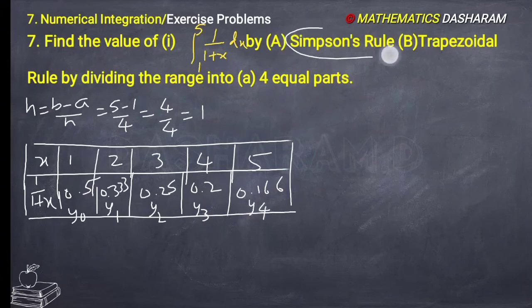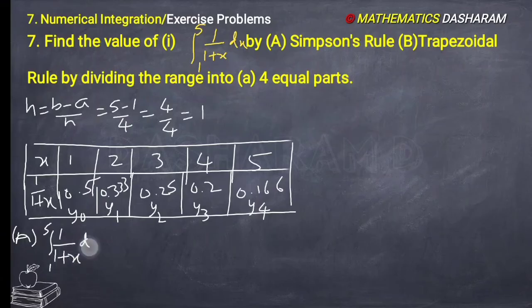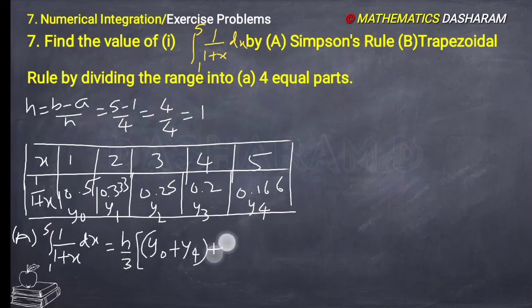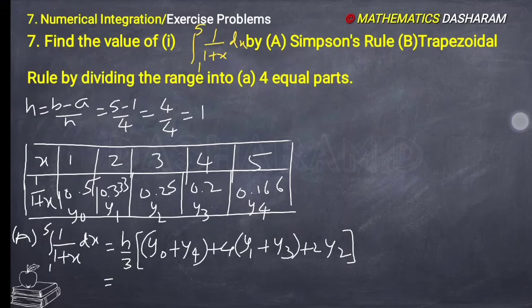So first one is Simpson rule. Integration 1 to 5 of 1 by 1 plus x dx equals, the Simpson rule is h by 3 bracket of sum of first and last ordinates, y0 plus y4, plus 4 into odd ordinates, y1 plus y3, plus 2 into even ordinates y2. So substitute the values in this formula.